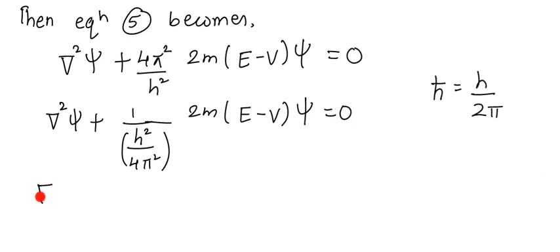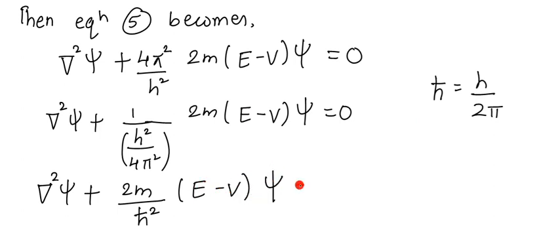Okay, then nabla square psi plus 2m, what will be the value of this term? As we know that h divided by 2 pi is equal to h cut, then here h square by 4 pi square means it is 2m by h cut square, and (E minus V) psi is equal to 0.